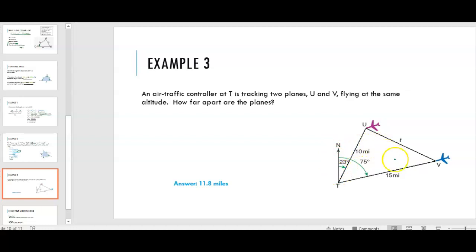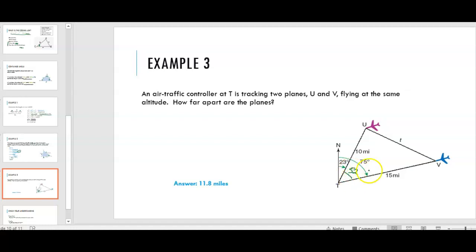And from north again to the line that connects the controller to the airplane V is 75 degrees, which leaves us with angle UTV with the measure of 75 minus 23, so we can write that here as 52 degrees. So that angle is 52 degrees here.